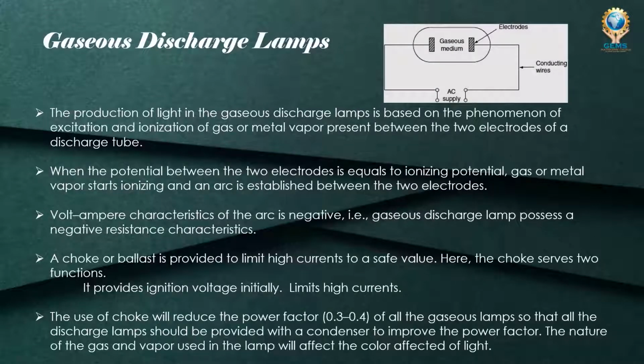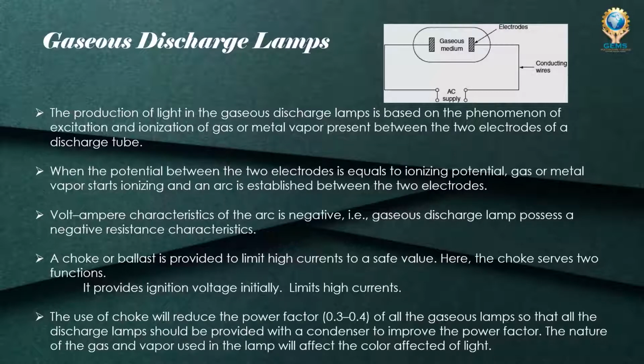So here we can use the choke, or ballast, for two purposes: to limit the high current to a safe value, and after that it also provides the high ignition voltage. If there is no high ignition voltage, the ionization process won't be started.